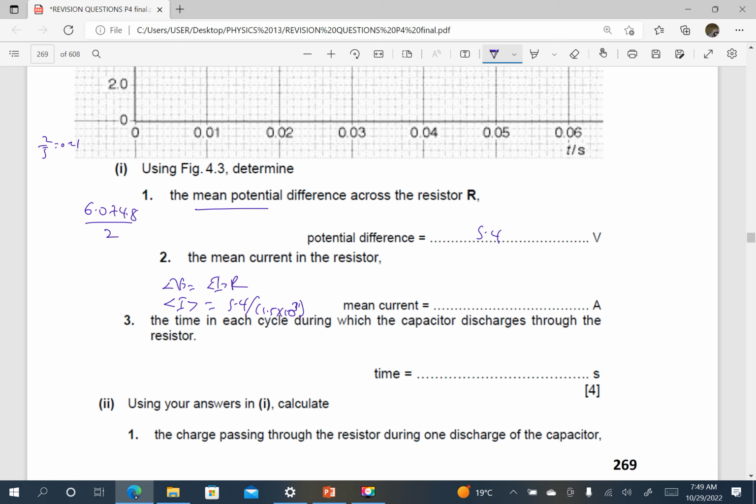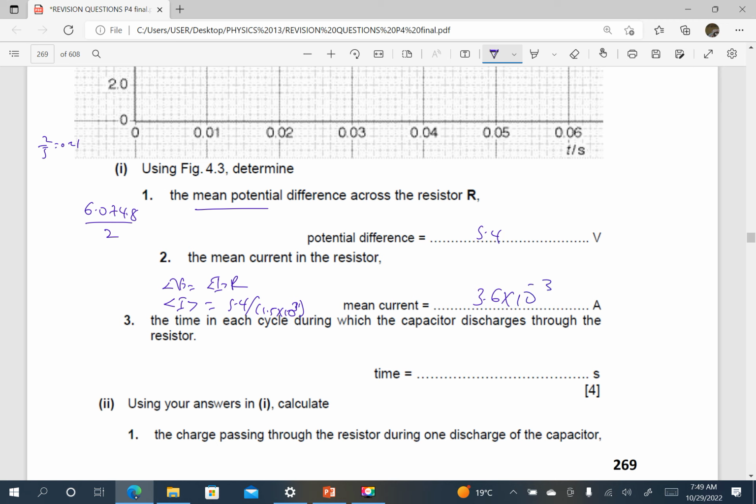And when I press my calculator, this is 3.6 times 10 to the power negative 3.